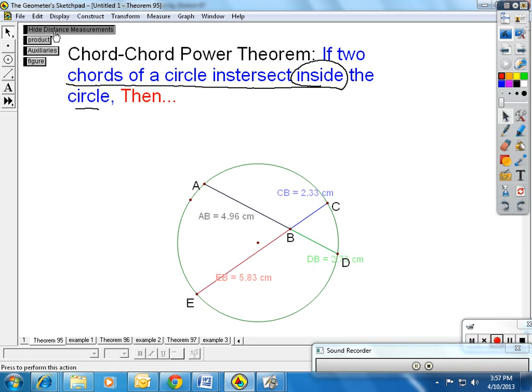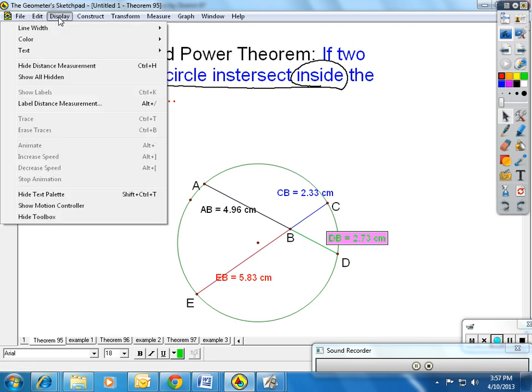Then what is the case? We're going to look at some distances here. The distance we're looking at is AB. This distance here is BD, 2.73. Looking at CB, this distance, and EB, which is that distance. Is that too faint for you?